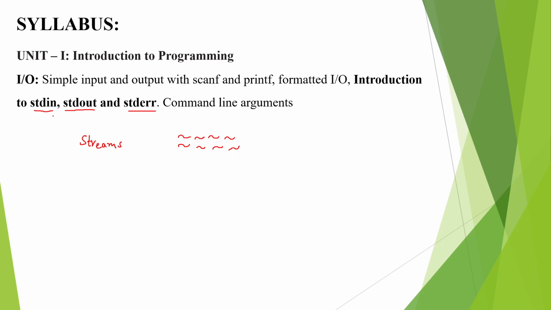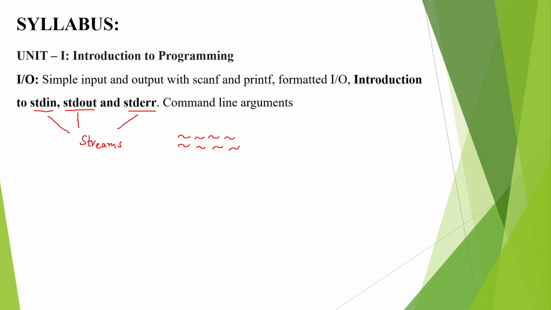Standard input, standard output, and standard error are all streams, because they are either the origin of data or the consumers of data. So, because of that reason, we call them streams. They are terminal points, either data originators or data consumers.